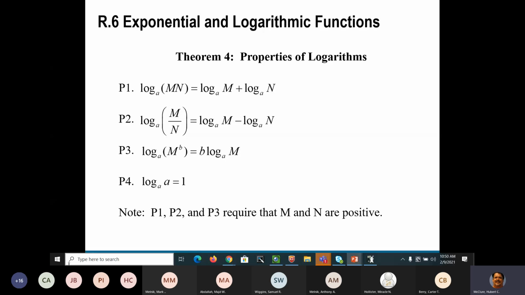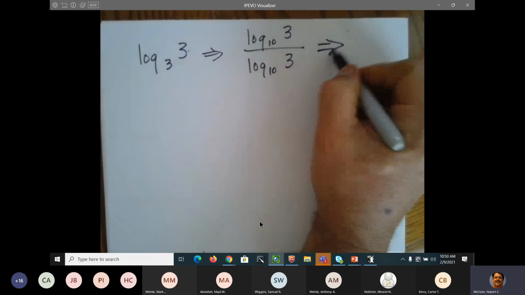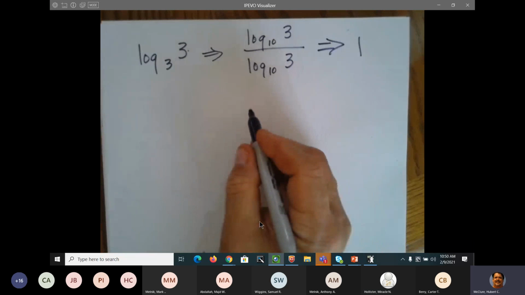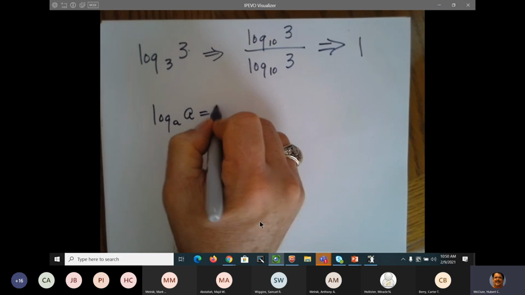Change base formula says log base 10 of the big 3 over log base 10 of the little 3. And what is that? What is something over itself? 1. So either way you do it, you can either do it by the rule, log base A of A is equal to 1, or you can use the change base formula.